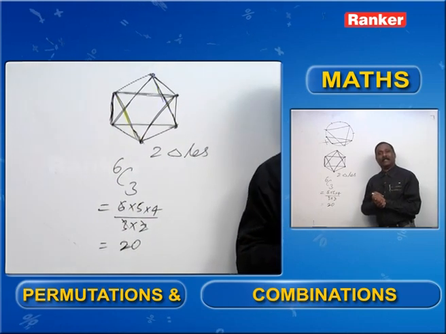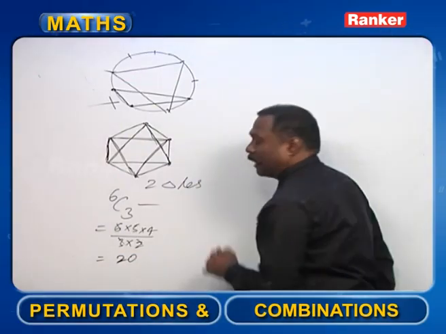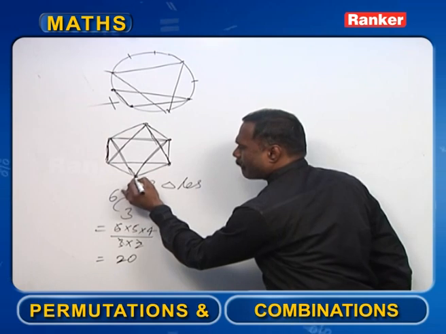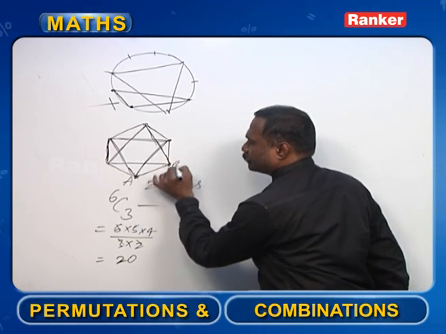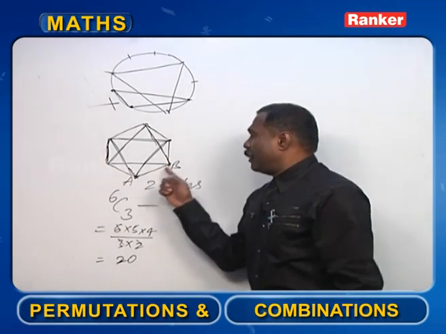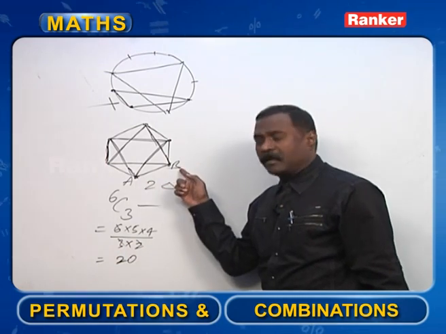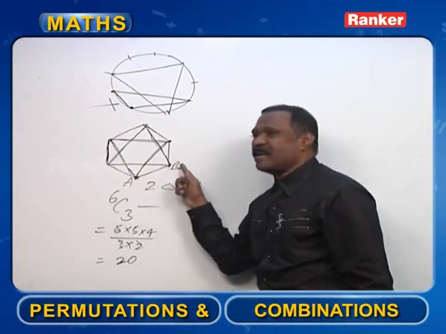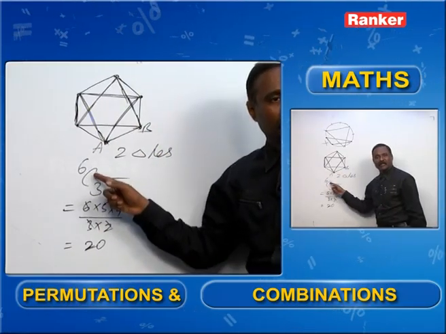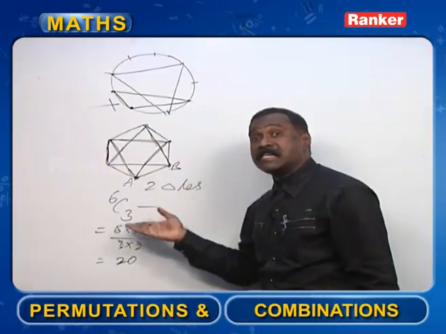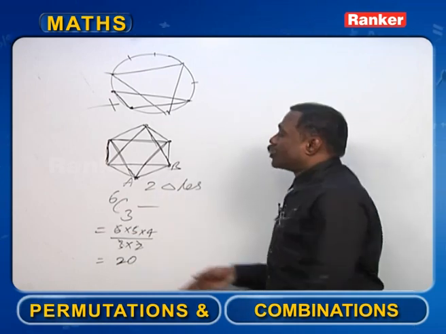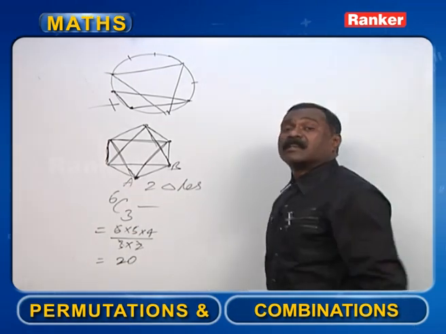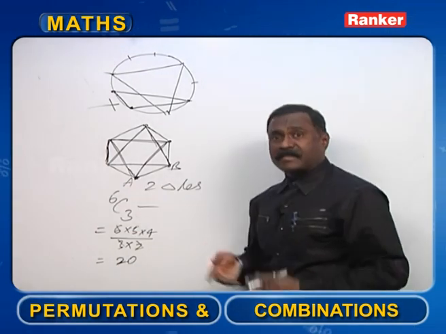So, what is happening here? Minus. If you see carefully, let us take this side AB. With AB as a side, the triangles are also included in this one, which are not needed, but they are included. So, how many such triangles can be formed with AB as side? Let us see.